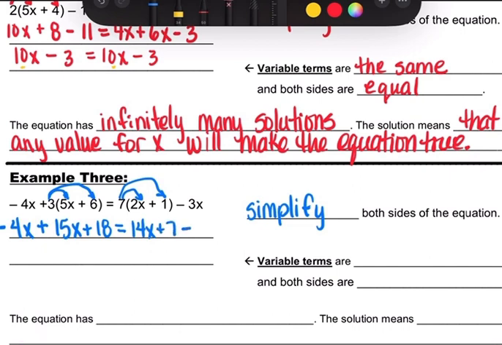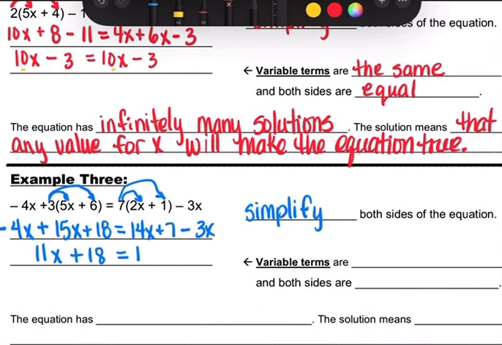And bring down your minus 3x. Now, on the next line, we want to combine our like terms and then combine our constants together. On the left side of the equation, you have a negative 4x plus 15x is a positive 11x plus 18. 14x minus 3x is 11x. And bring down your plus 7.